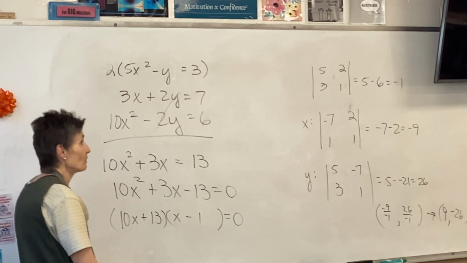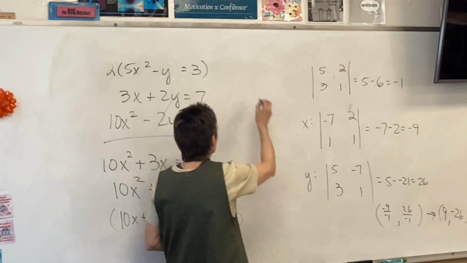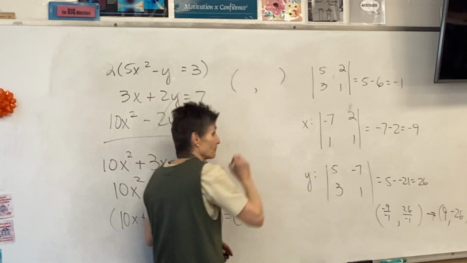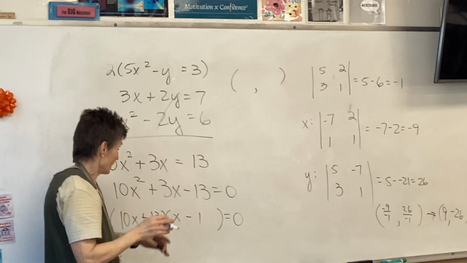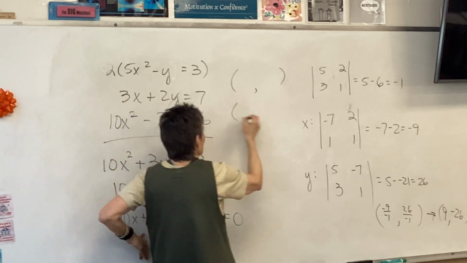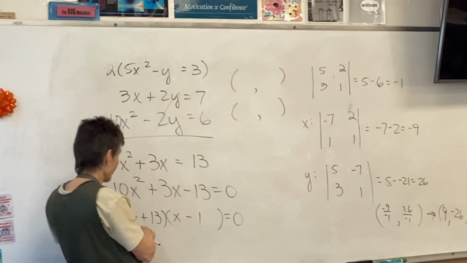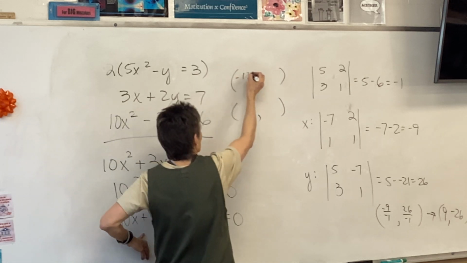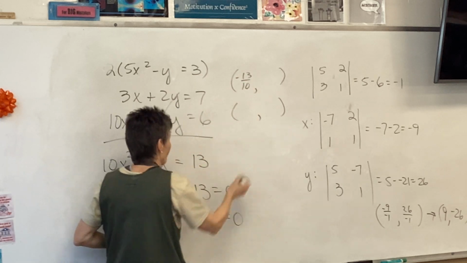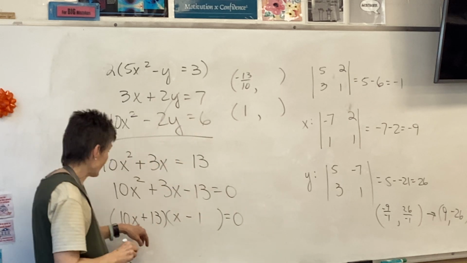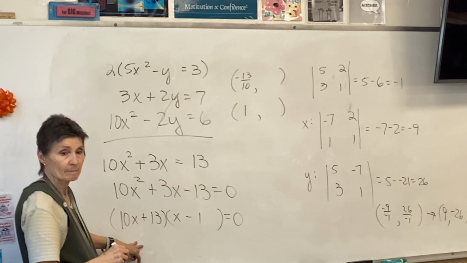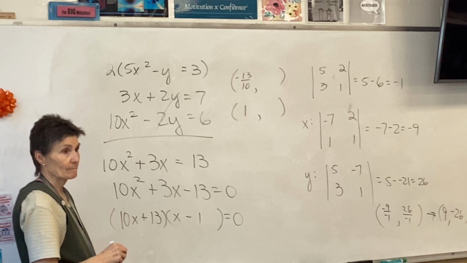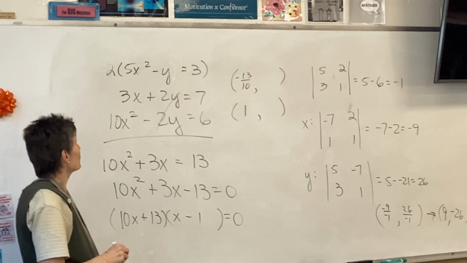And then remember that your answer's gonna be like that one. You're gonna have an x and y. And actually, there's gonna be 2 of them because x can either be negative 13 tenths or 1. That's what x came out to equal when I did my elimination. Alright, so now what do I do?